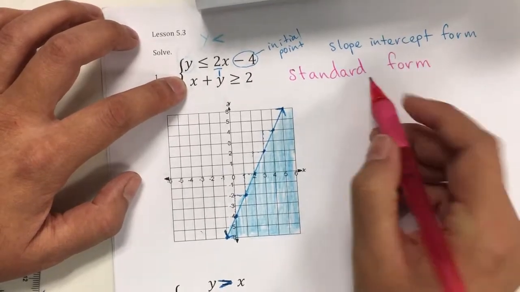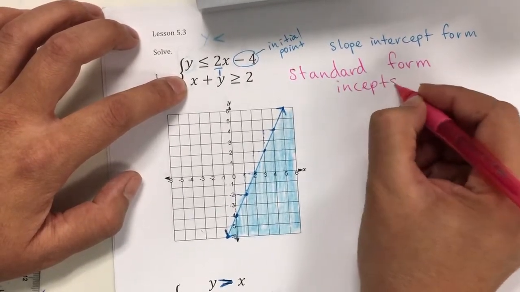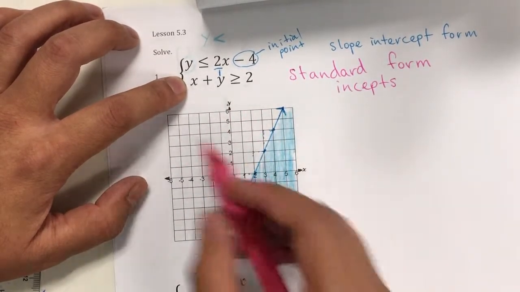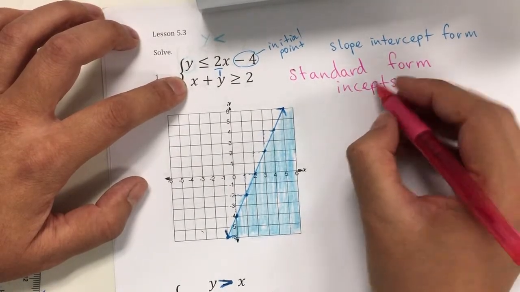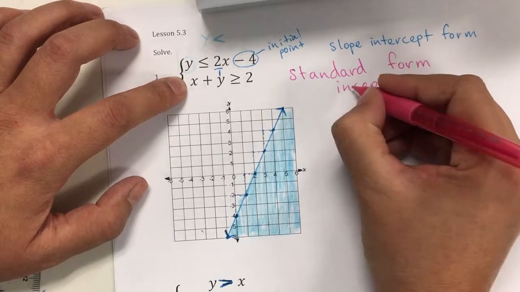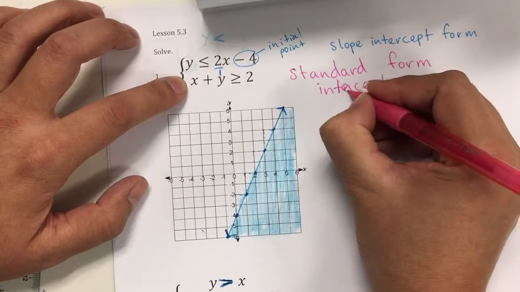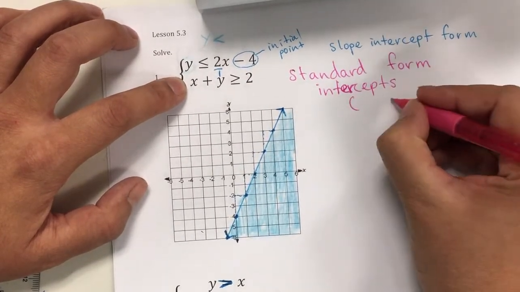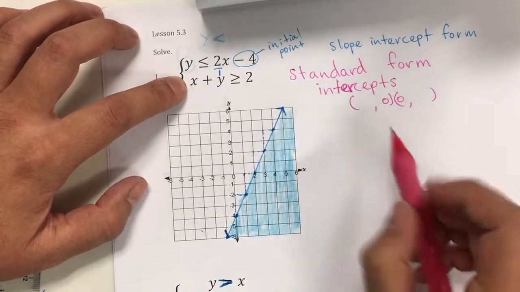And when I have the standard form, I can use the intercepts to be able to graph my line. Sorry, I'm missing some words and some letters in there. Intercepts.